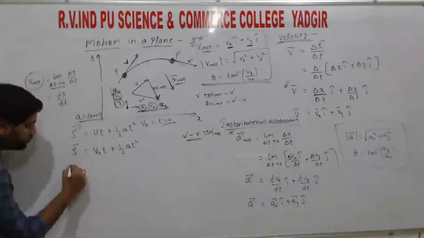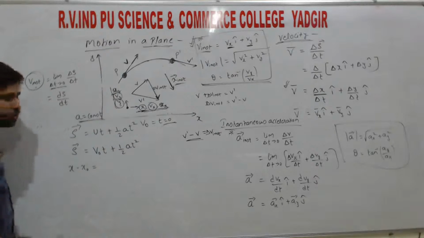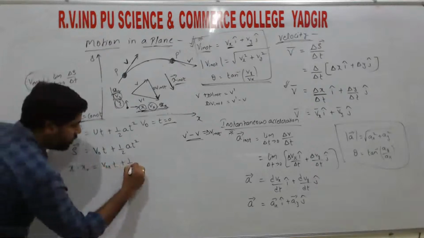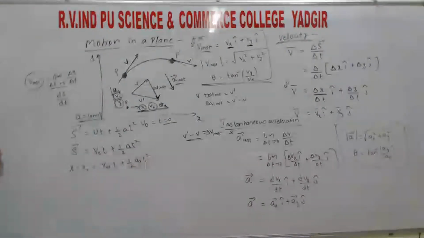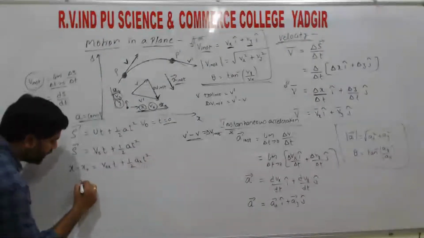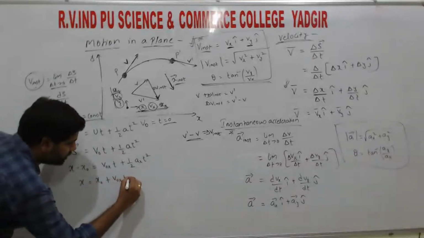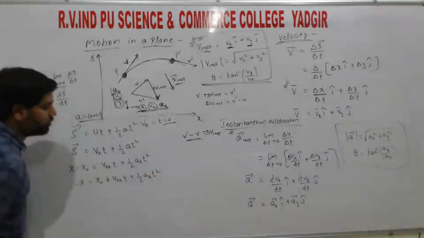So now displacement x minus x naught, that is equals to v0x t plus half ax t square, right? So x is equals to x naught plus v0x t plus half ax t square, right?